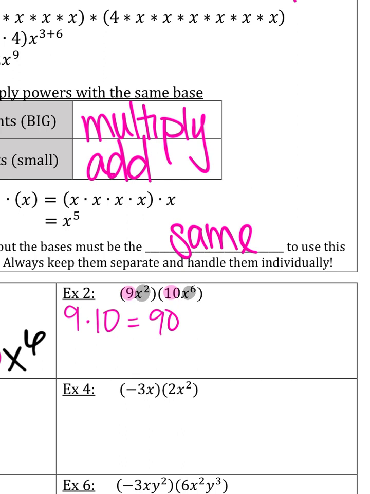And the way that I write that is x to the second power plus the sixth. I'm not rewriting my x, but in reality, I am saying that they're multiplied together, so I'm adding the exponents. And x to the second plus 6 is x to the 8th power. So my final answer is going to be 90 x to the 8th power.